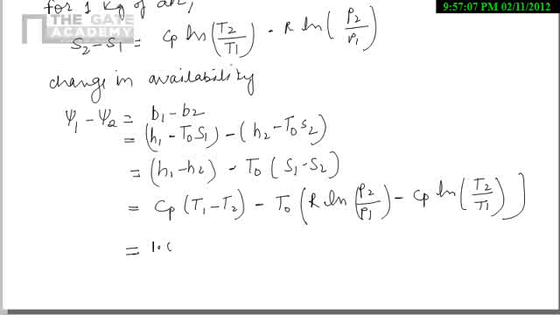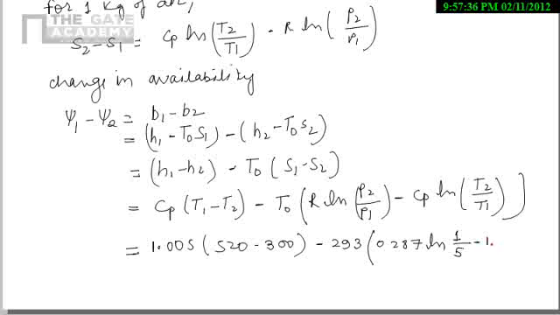Cp is 1.005, T1 is 520, T2 is 300, minus T0 that is 293, R for air is 0.287, ln P2 that is 1, P1 that is 5, minus again Cp 1.005, and ln T2 is 573 divided by T1 that is 793.